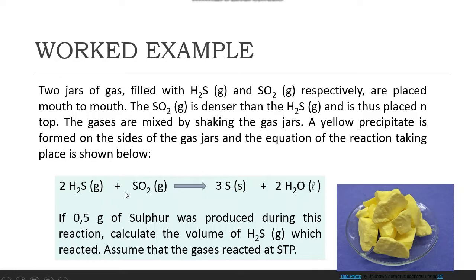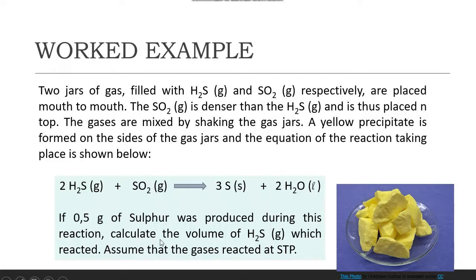There are two gases here, and this is an example where you're given, for instance, 0.5 grams of sulfur produced during this reaction. So we've got a solid here and two gases.